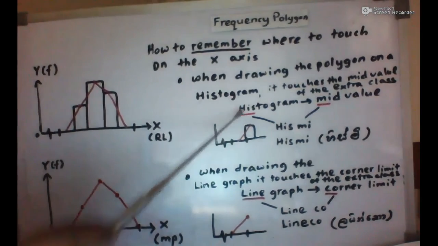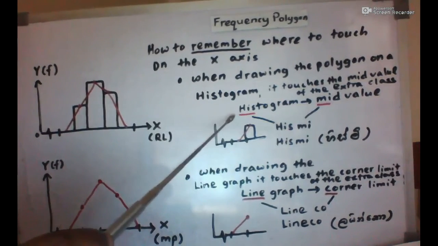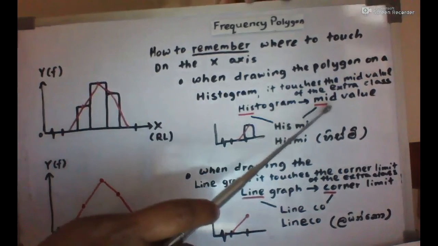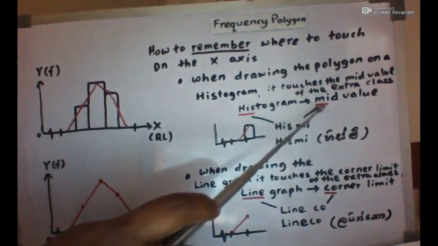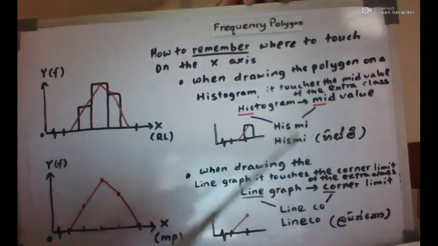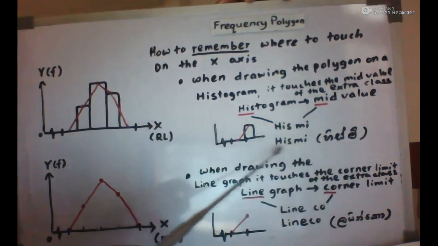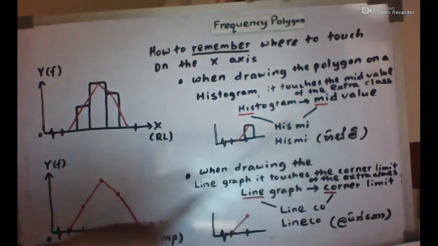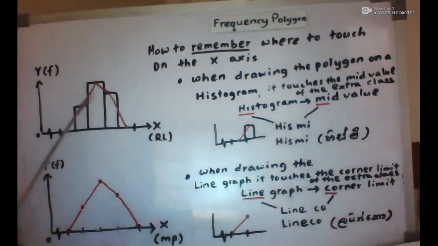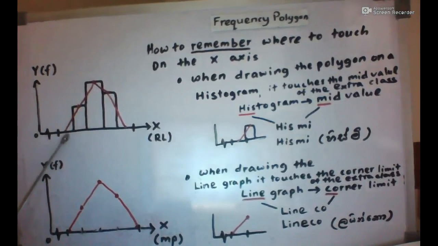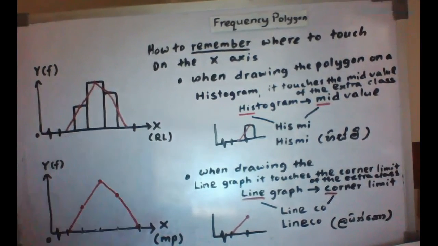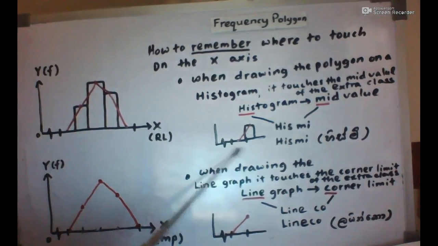So we'll say HISME. Remember like this, HISME. HISME means if you are drawing the polygon using a histogram, touch the mid value of the adjoining class, extra class, right? That's HISME.